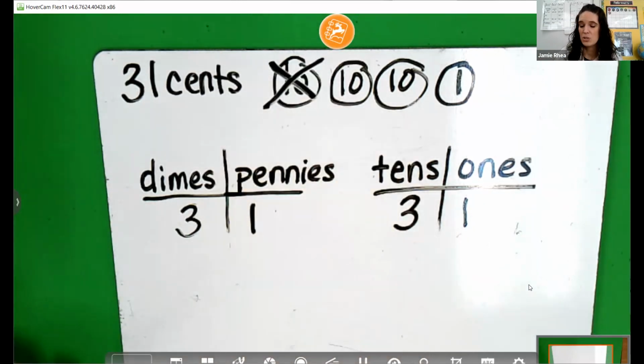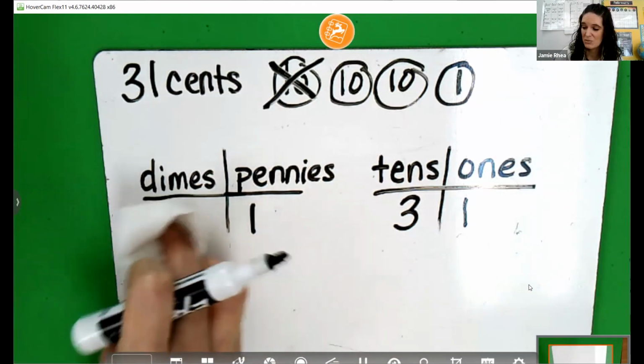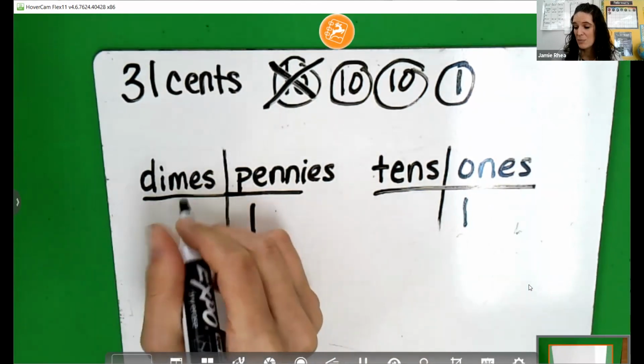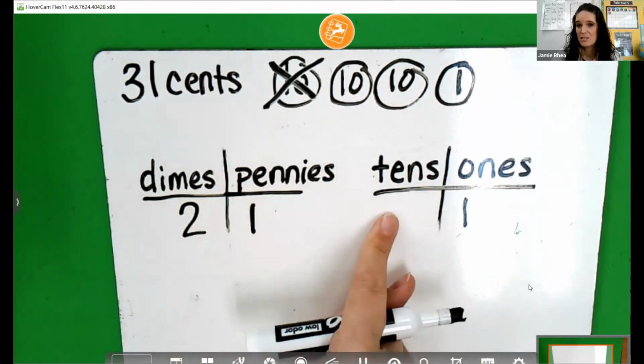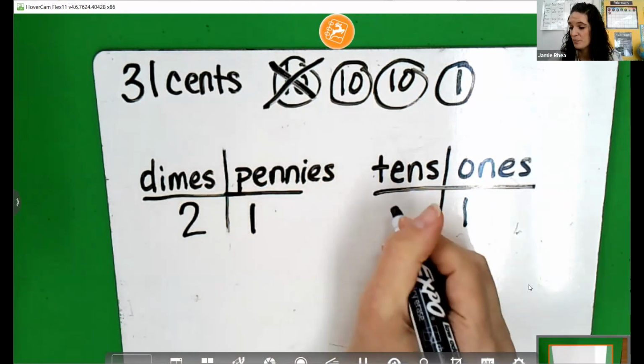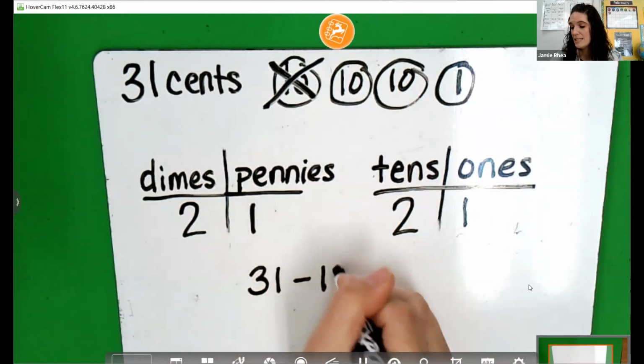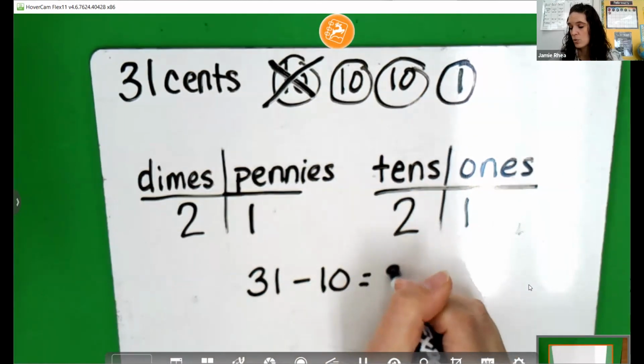And now, do we still have 3 tens and 3 dimes? No. How many dimes do we have now? We only have 2. And how many tens do we have? Just 2. Because 31 minus 10 equals 21.